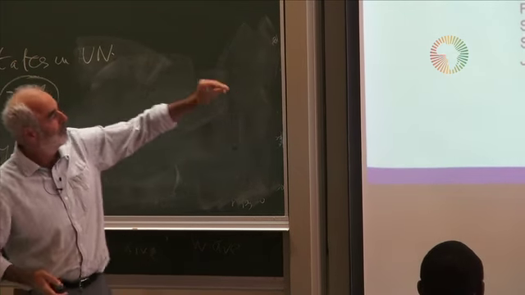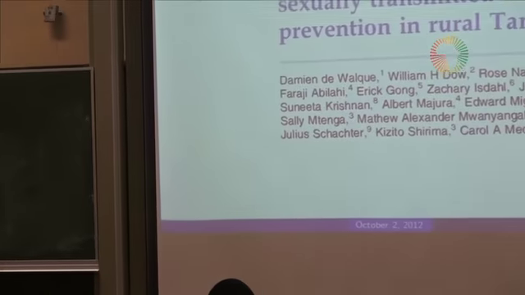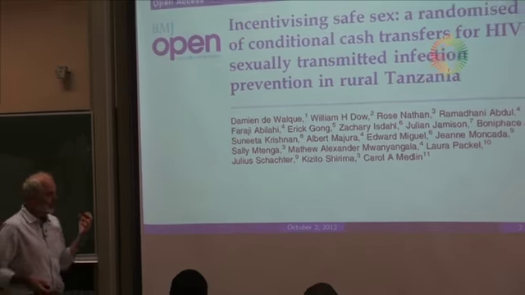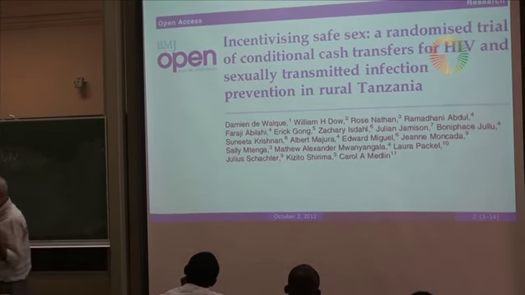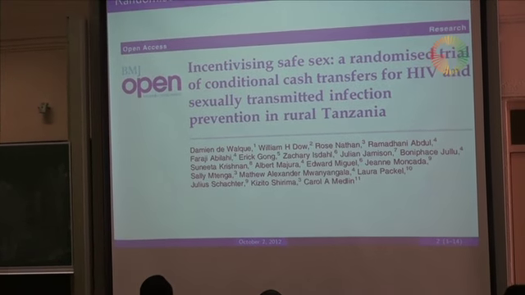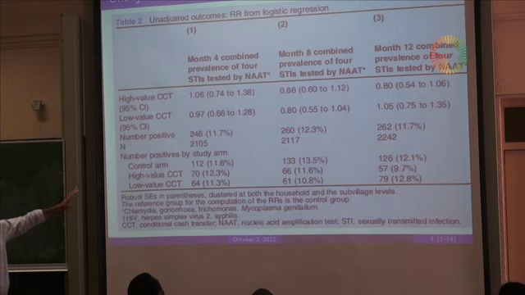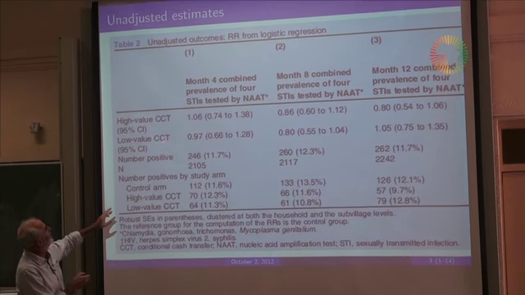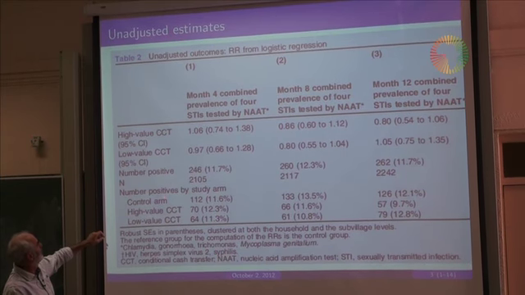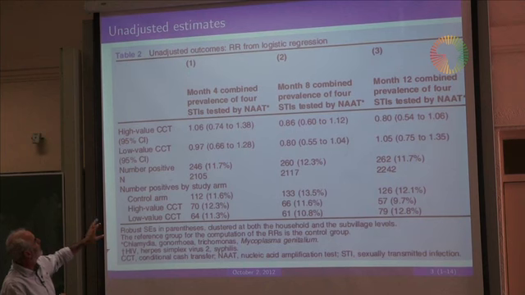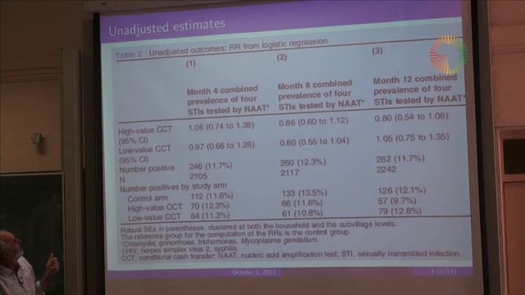Okay, I'd just like to go back to this one, because it uses this as an introduction to some of the ideas of regression analysis, of adjusting for other factors, not just looking at correlations, but going beyond that. Now, in the results, if you remember this study, about 1,000 people were controls, the control arm, and then a group of about 600 were given $10 for being tested and being negative every 4 months, and a high value group were given $20 every 4 months to be tested.